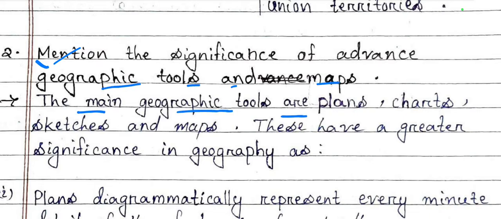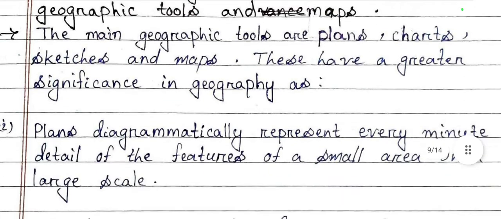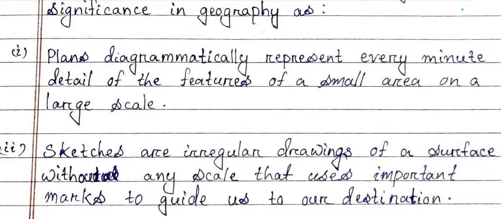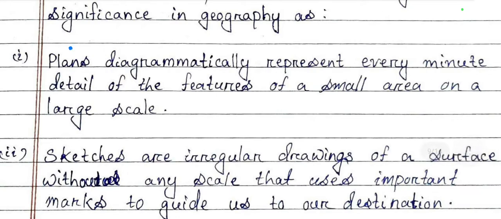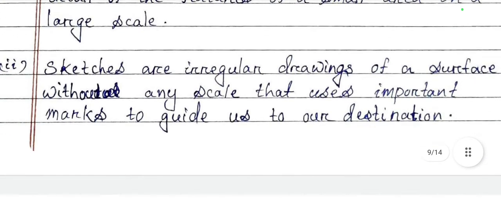The main geographical tools are plans, charts, sketches and maps. These have a greater significance in geography. The next point is, plans diagrammatically represent every minute detail of the features of a small area on a large scale. Next, sketches are irregular drawings of a surface without any scale that use important marks to guide us to our destination.